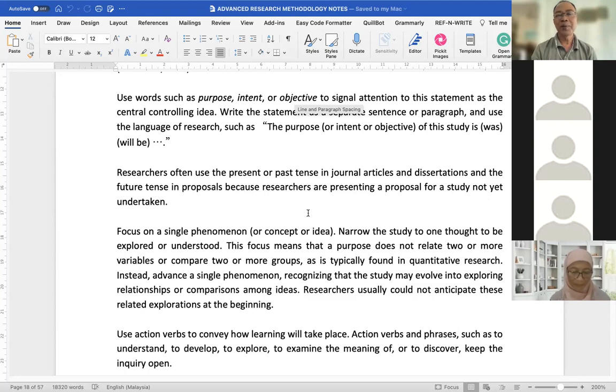So in order to prepare for that, you need to write a specific section in chapter 1, contributions of study. This section is usually divided into two types of contribution. Number one is contribution to knowledge. What does this study contribute in terms of widening and broadening the current understanding about the topic?